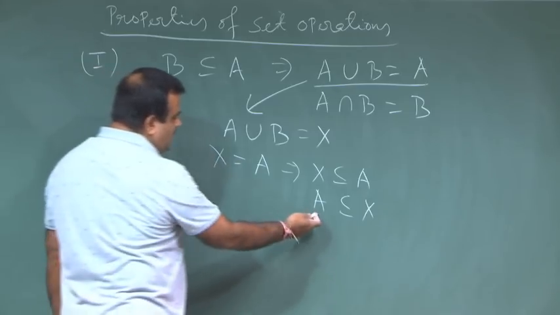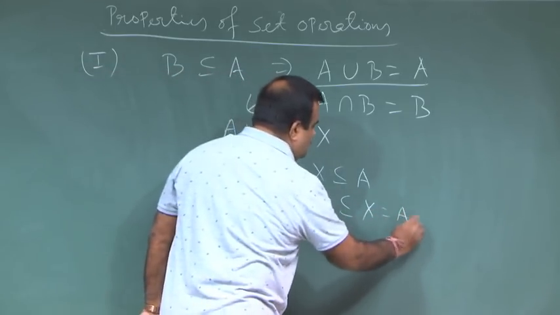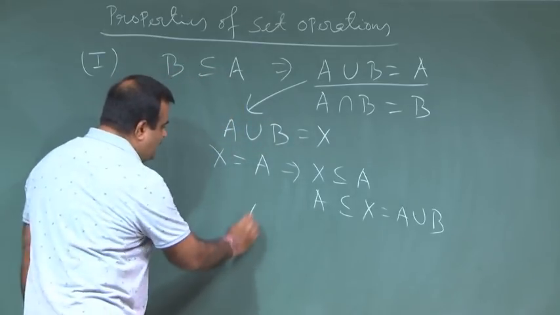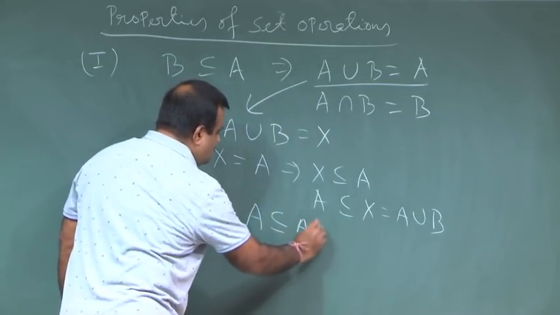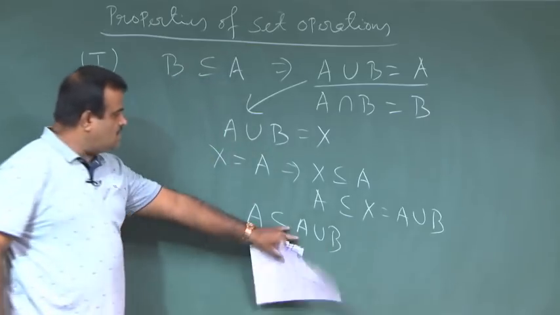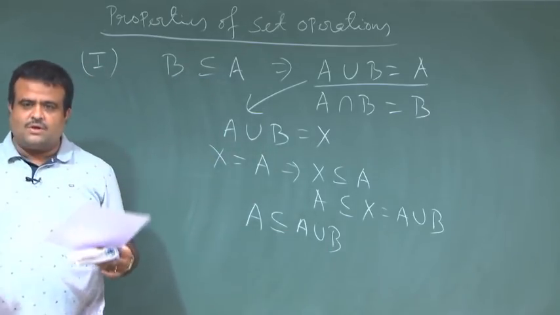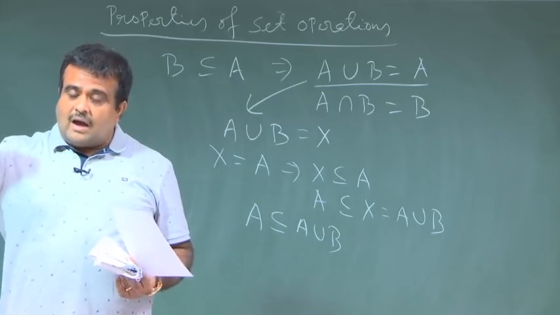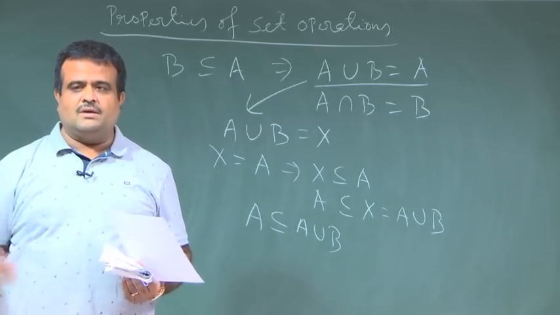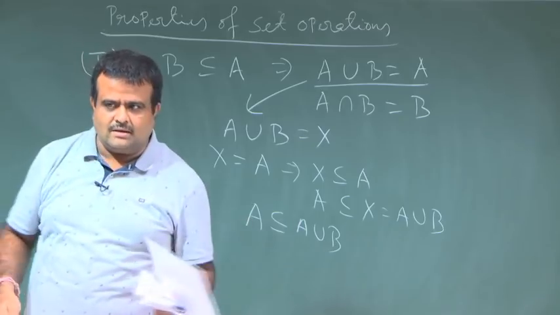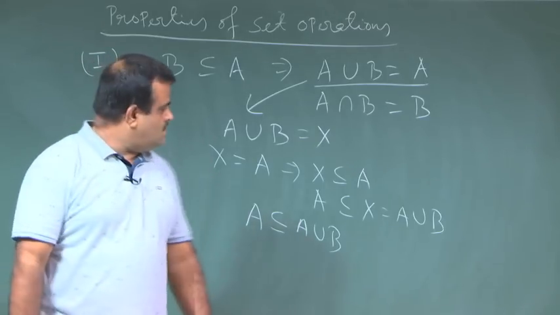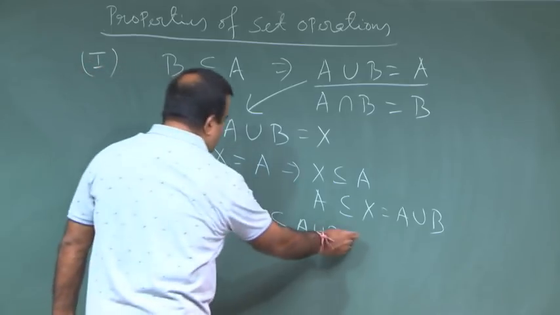Now, this part is obvious because X is nothing but A union B. So A is a subset of A union B, because union means basically the elements of A along with the other elements of B which are not common with A. So this part is obvious.